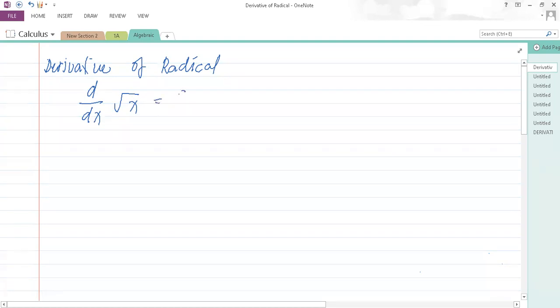So if we convert that, the square root of x is equal to x raised to 1/2. Right? When we take the square root, that is x raised to 1/2. So we have converted the radical into a fractional exponent, and we can now solve for its derivative. The same procedure as in the last example: 1/2 times 1, that is 1/2, times x raised to 1/2 minus 1.